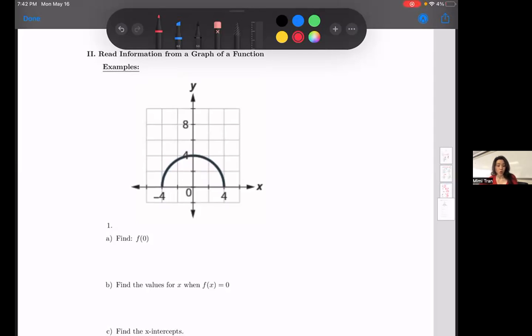f of 0. What does that mean? What does 0 stand for? Does it represent x or y? That's right, it represents x. So that means when x is equal to 0, what is y?